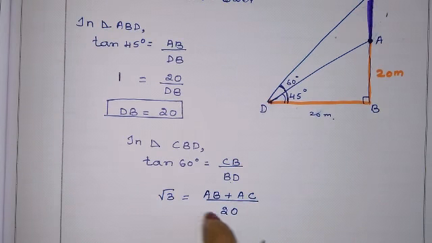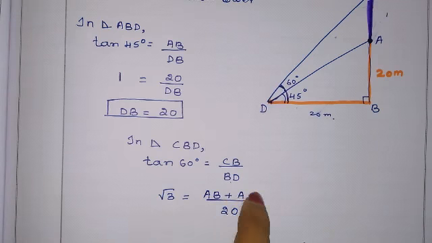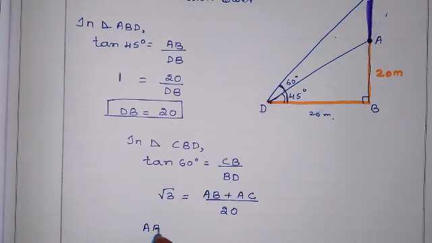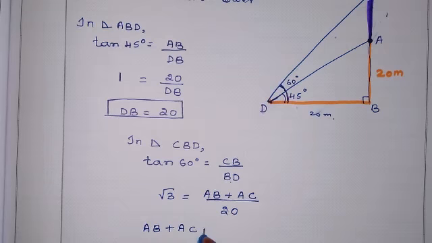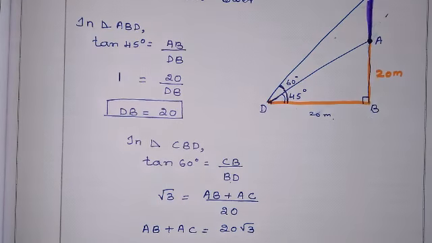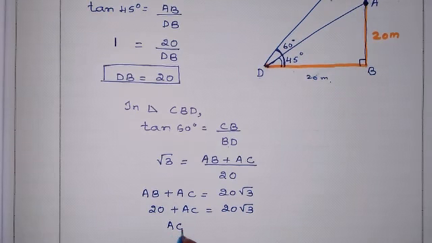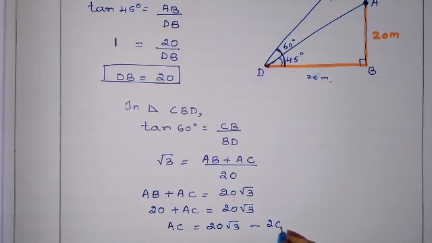So let us cross multiply. AB plus AC is equal to 20 into root 3. We know the AB value, they have given in the figure as 20. So 20 plus AC is equal to 20 root 3. Now AC is equal to 20 root 3 minus 20, taking this 20 to this side.